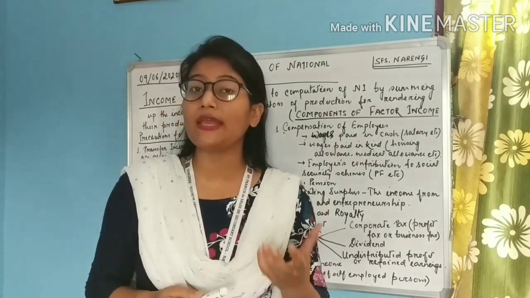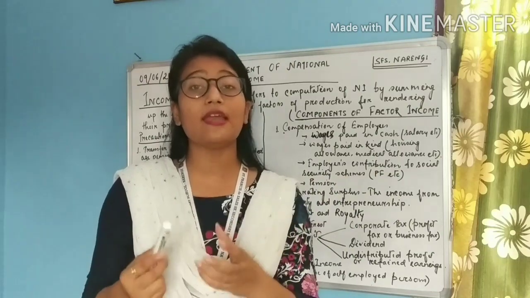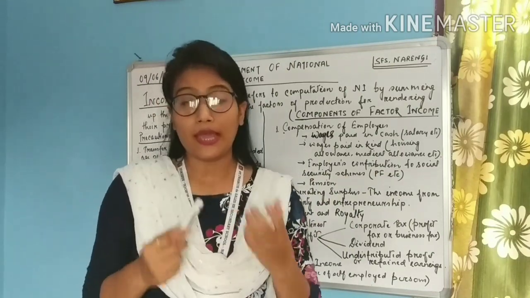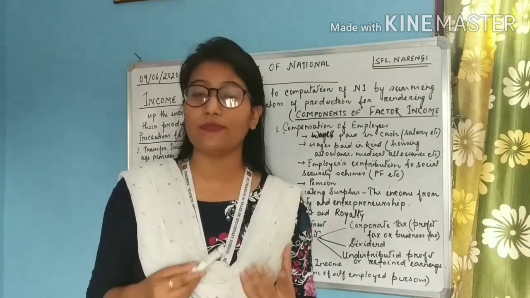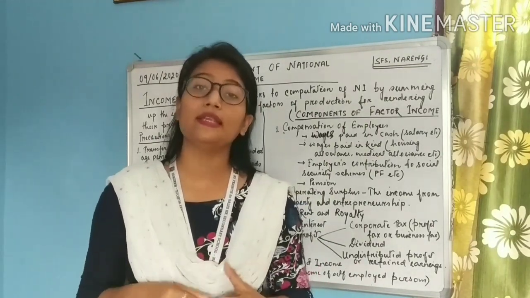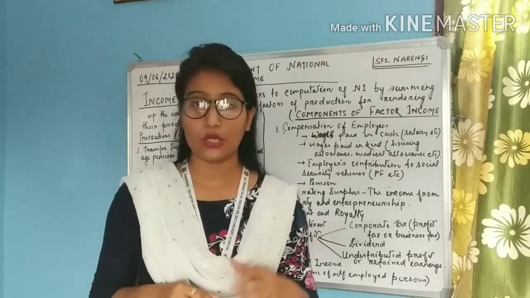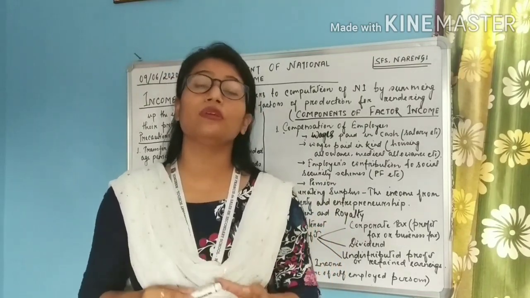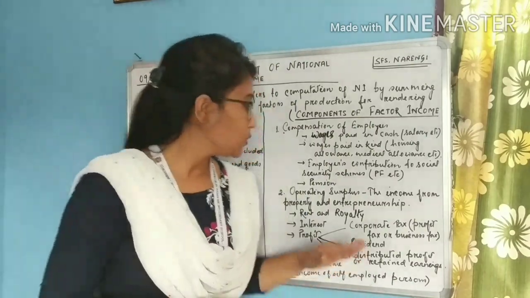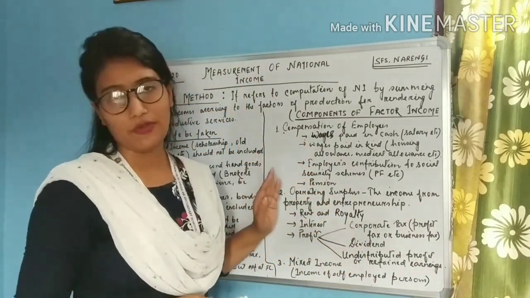What happens in PF? A certain amount of money is saved in the name of the employee by the company, and whenever the person is in need of money, he can take out that money and use it for his own personal purposes. So this is done by the company that is hiring the person solely to give him some kind of social security. So this thing also comes under the compensation of employees.